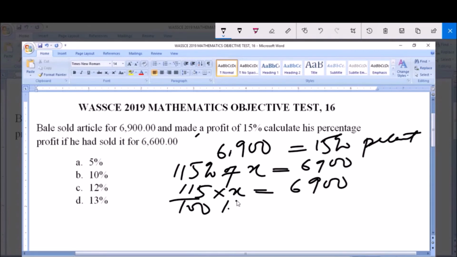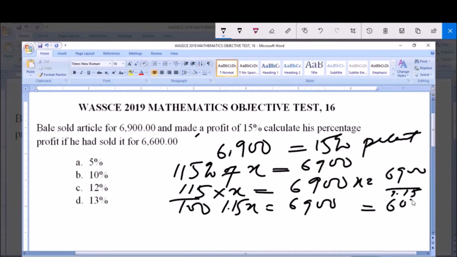So 1.15x equals 6,900. So x becomes 6,900 divided by 1.15, which is equal to 6,000. It means the person bought the item for 6,000 naira.